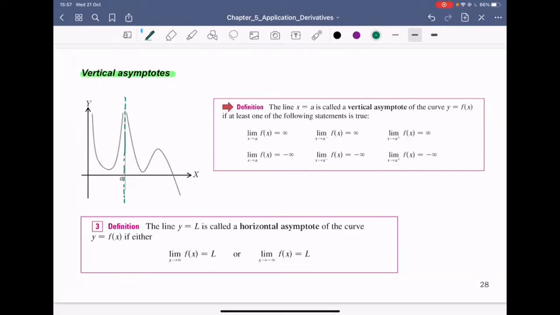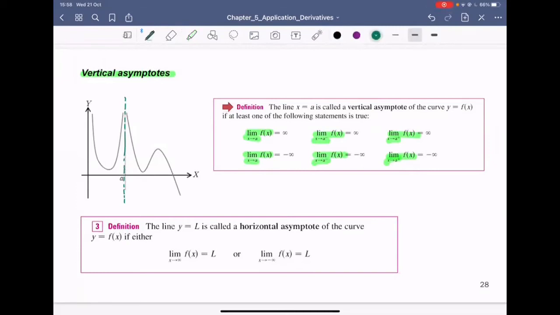The behavior of the vertical asymptote is that when you take the limit of the function, it goes to infinity. You can see the one highlighted in green: if I take the limit of the function f as x goes to a, no matter what the answer is, plus or minus infinity, we call it a vertical asymptote.